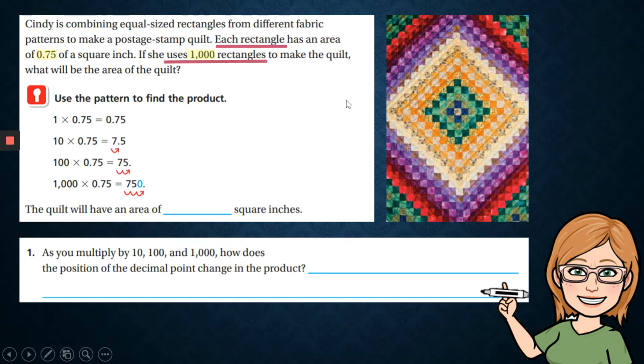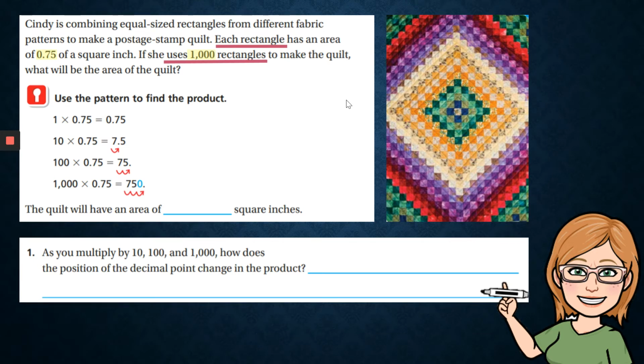Okay, we're looking at the key words, each rectangle, and uses 1,000 rectangles. Notice how 75 hundredths and 1,000 are highlighted. Those are the two numbers that we will use, and based on the key words, it is asking us to multiply.